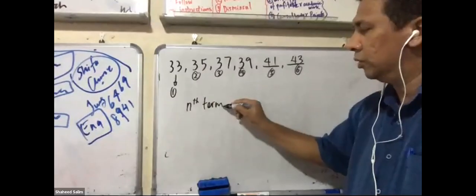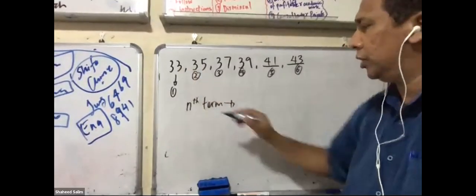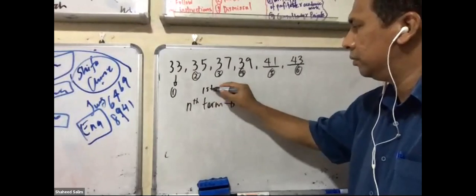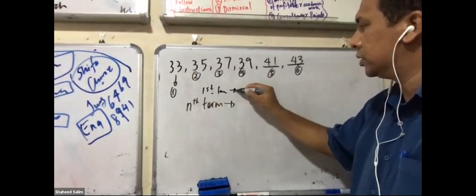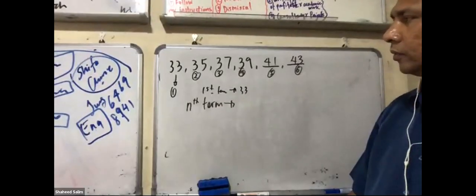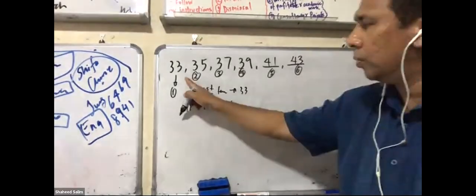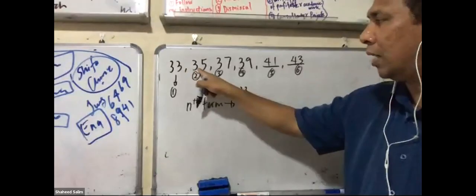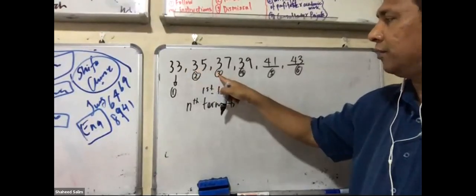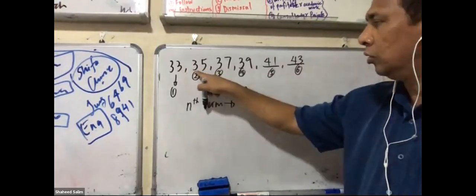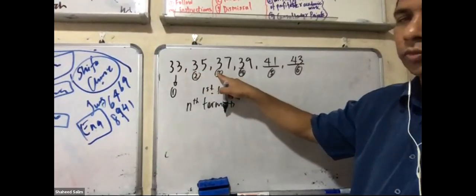First term, what's the value? 33. So the first term is 33. Second term, you plus 2 to it. 35. This is term number 2, you plus 1 two. 37, you plus how many 2s? 2 twos.